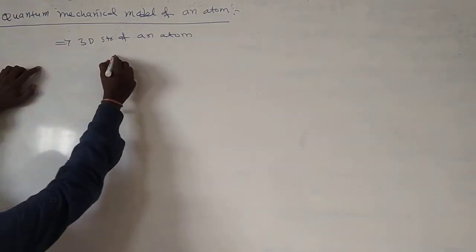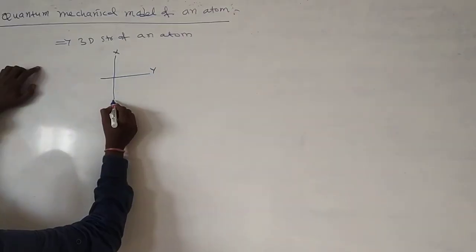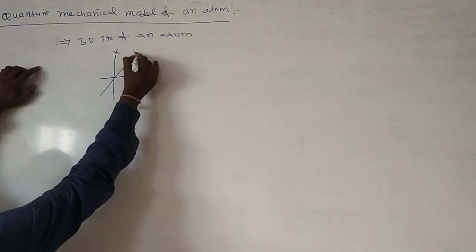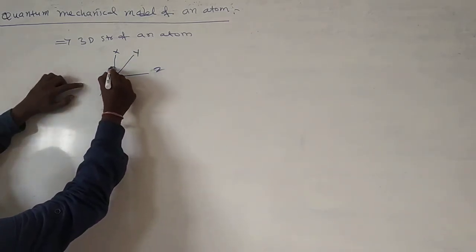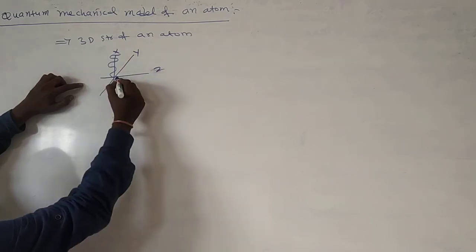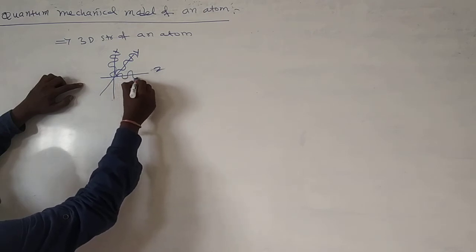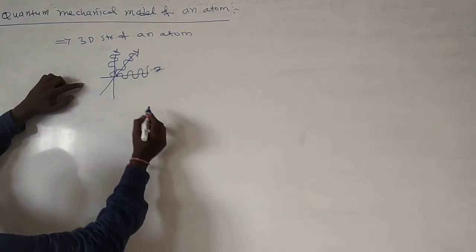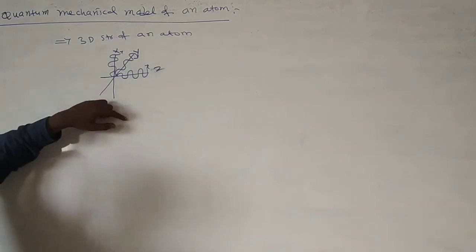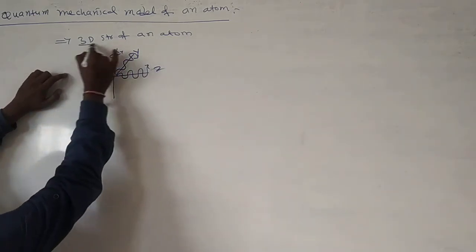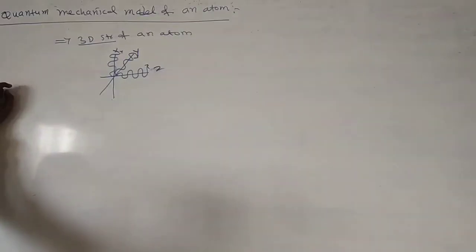Three-dimensional means, for example, here is the x-axis, the y-axis, and the z-axis. The electron moves in waveform along the x-axis, y-axis, or z-axis. These three ways we call the three-dimensional structure.